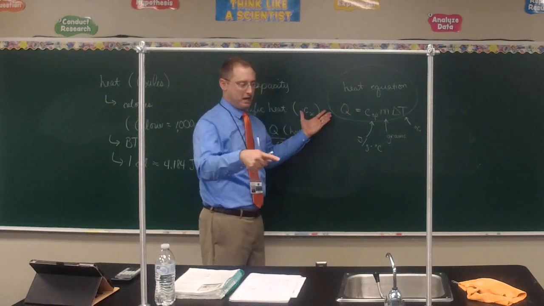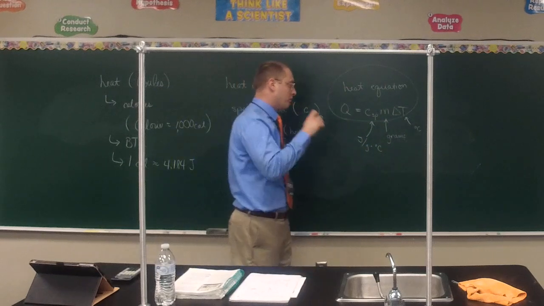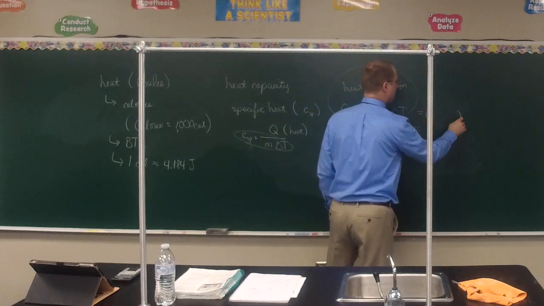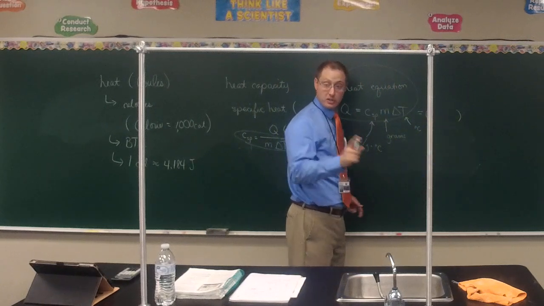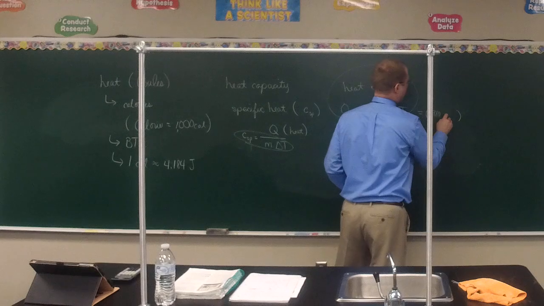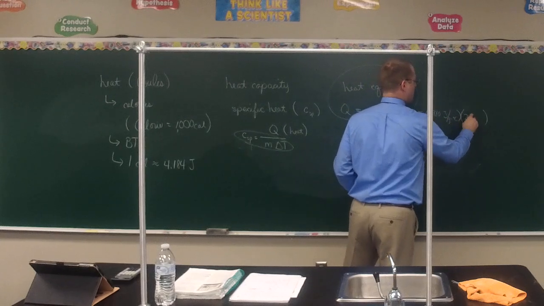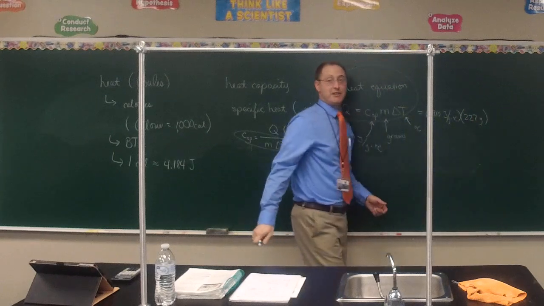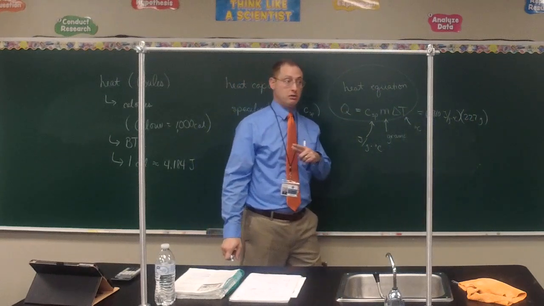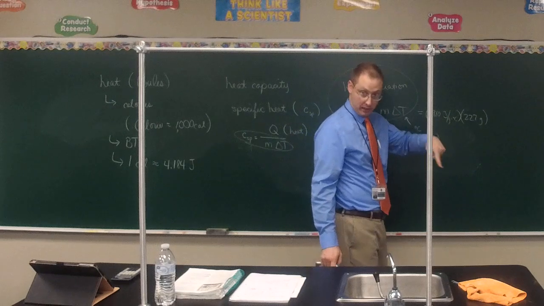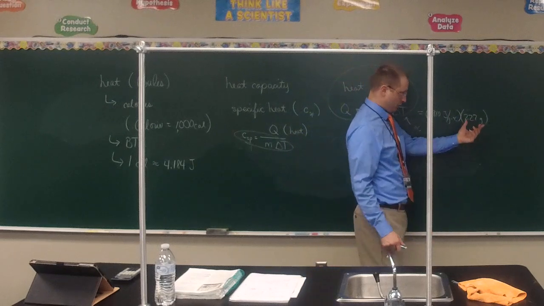Well, look across the page, find aluminum on the chart. What is aluminum's specific heat? 0.910 joules per gram times degrees Celsius. Multiply that by 227 grams. Again, if they gave you kilograms, what would you have to do? Go back 3 places, right? A kilogram is 1,000 grams.